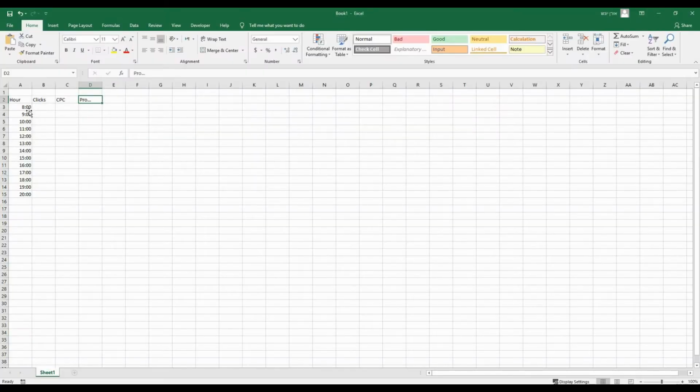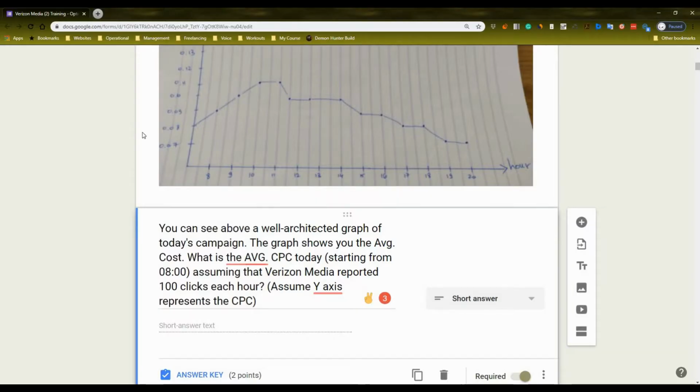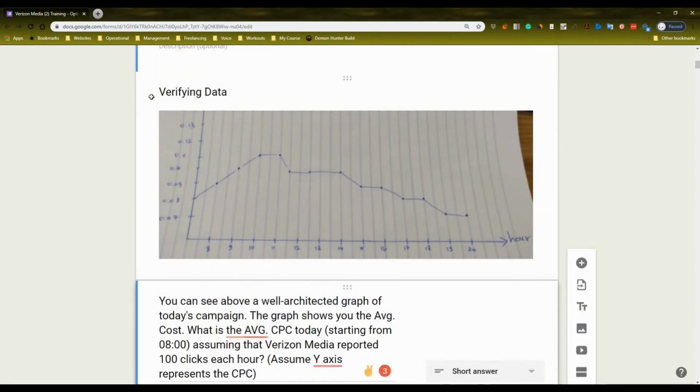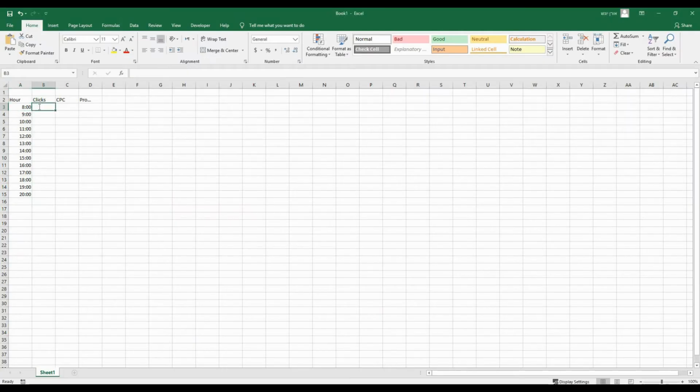We have the hour of day, so I prepared a very nice Excel sheet because we really need an Excel sheet, right? It takes all the hours from the above graph, and we also know that we have 100 clicks each hour, so that will make life easier in terms of Excel calculation.